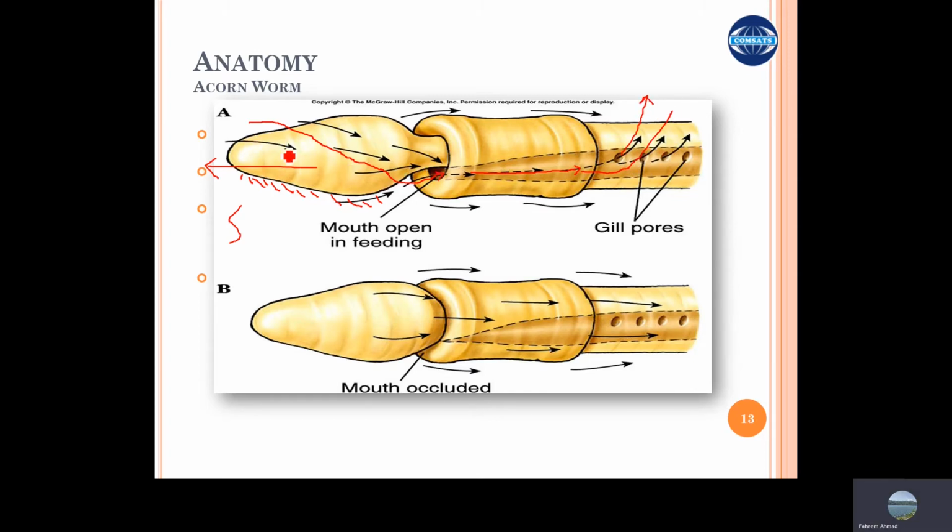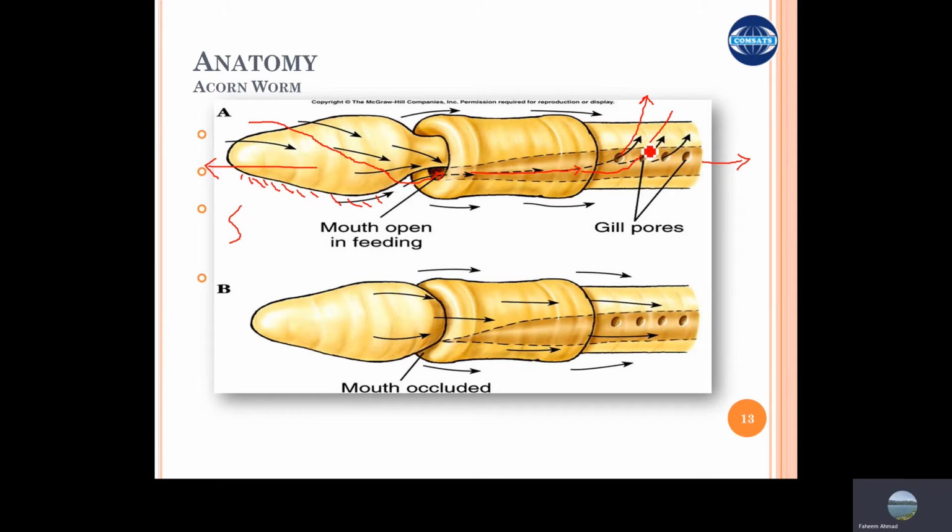So the water flows in this direction, and at the same time all the microorganisms, planktons, or animal food or organic matter is filtered within this pharyngeal basket-like structure due to the presence of the endostyle and the mucus inside, and then it is moved towards the abdomen, towards the intestine, for further digestion.